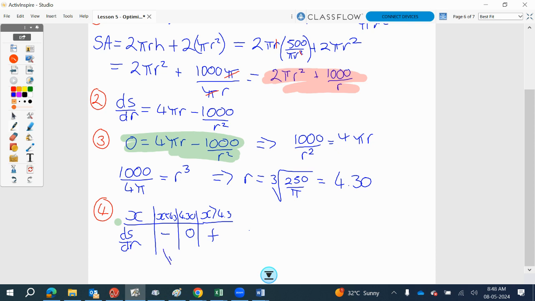Negative gradient goes down, 0 gradient goes across, positive gradient goes up. What type of turning point is this? This is a minimum. So we are showing here in step 4 that 4.3 will produce a minimum, not a maximum.